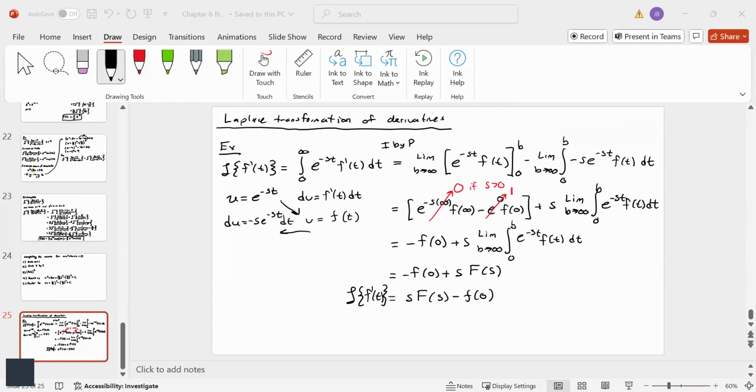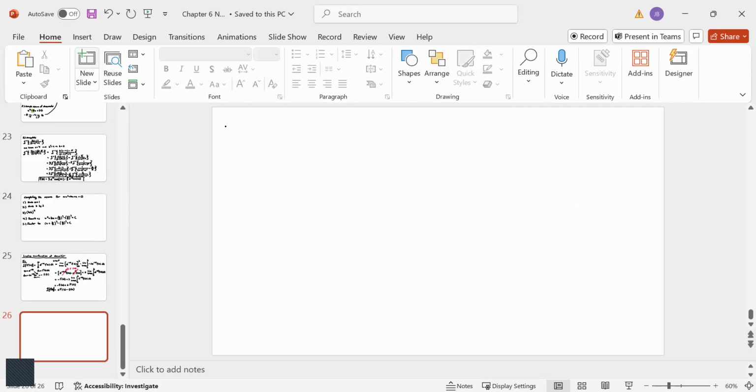Now, again, if I were to do the second derivative, it would just be the same thing, but a little bit longer. We would actually use this result to show in the second derivative that we get that part as well. So extending to f double prime of t and f triple prime of t, we get the results.